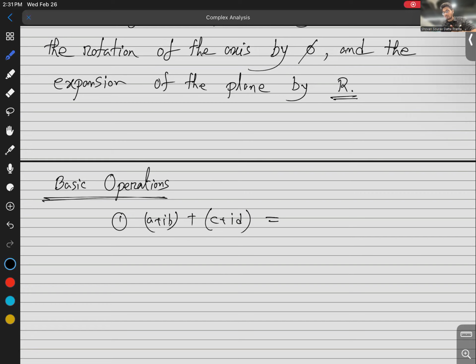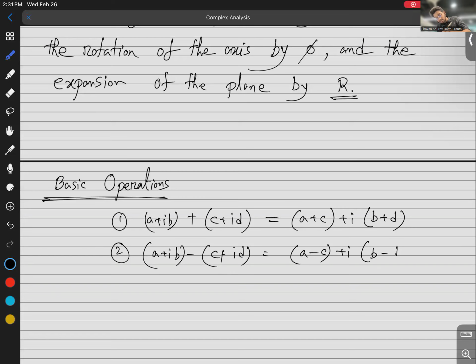So by the vector rule we can say that a plus ib plus c plus id is a plus c plus i times b plus d. If we are considering the subtraction, it will be a minus c plus i times b minus d.